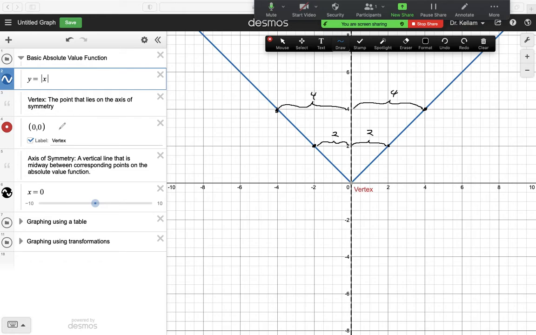It has a vertex, it has an axis of symmetry, and that axis of symmetry defines the overall steepness of our absolute value function. So let's graph a couple of these.